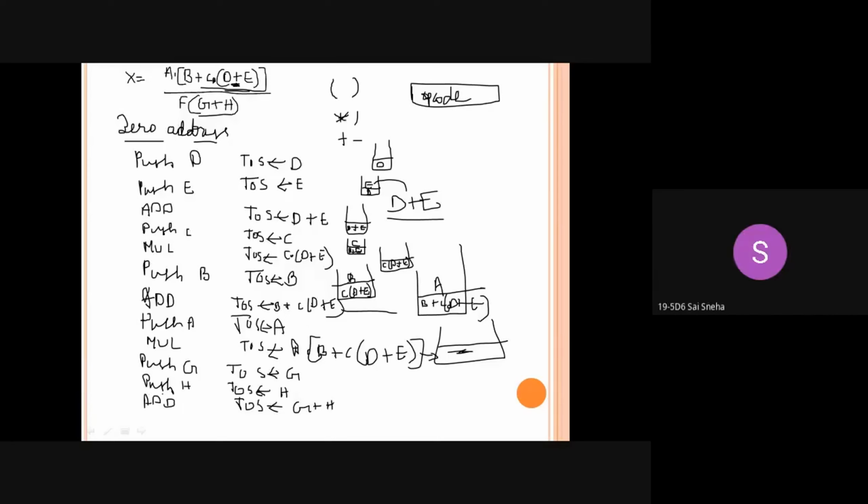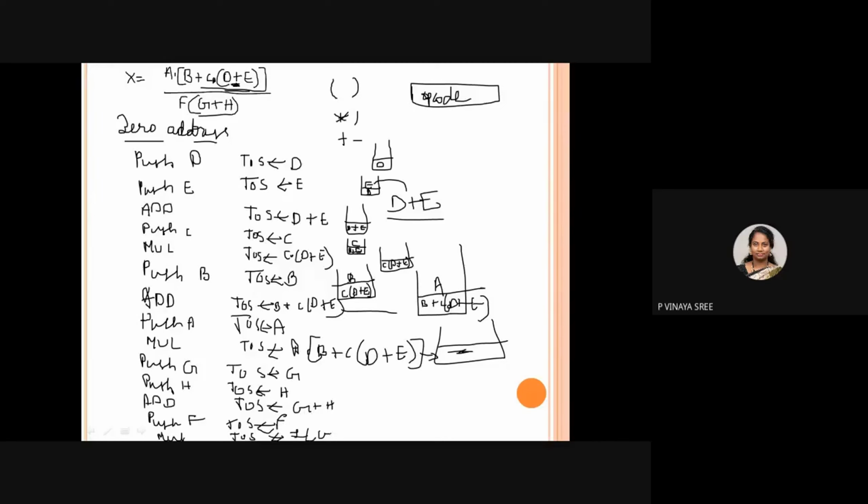Next is what we have to do? Push F. Yes, we need to push F, so the top of the stack will be F. Next is what? Multiply. Yes, mul. We need to do mul. Now, top of the stack will be G plus H. We'll be having one more operand in our stack as F. Both will be performed.